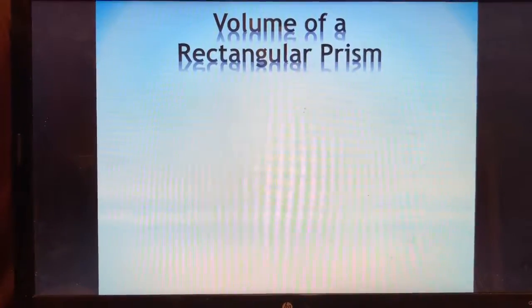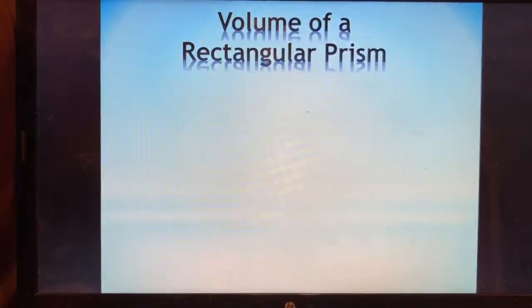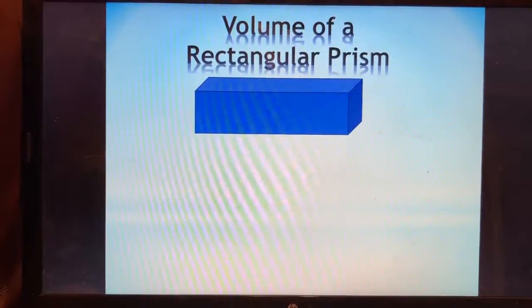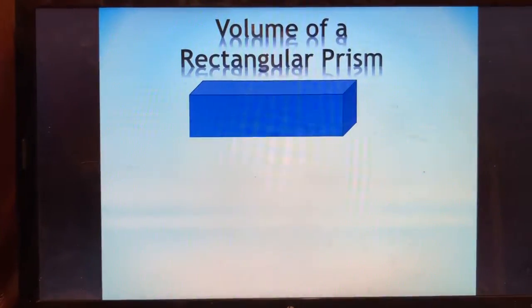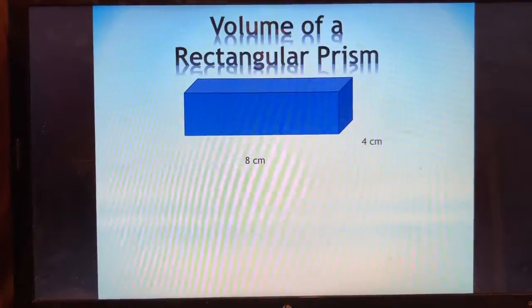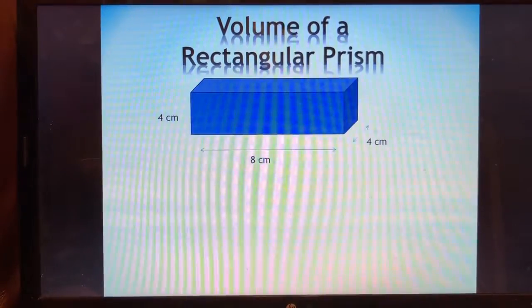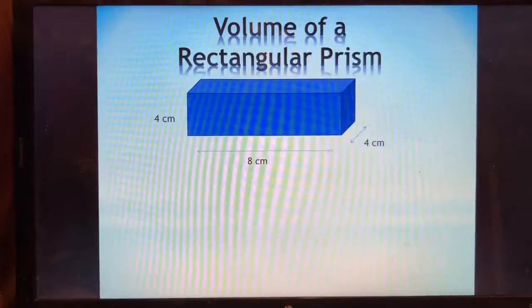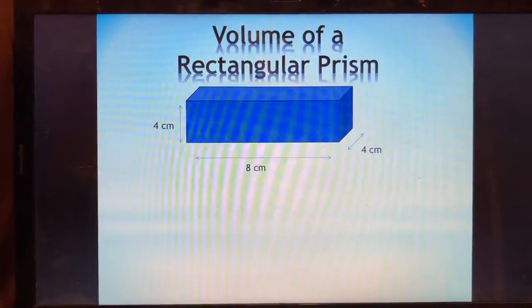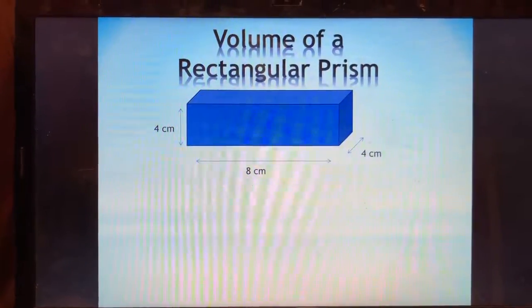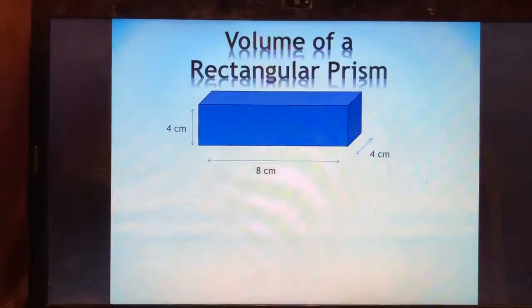Okay, the volume of a rectangular prism. Let's look at an example here. So if we have this rectangular prism and the length is 8 centimeters, the width is 4 centimeters, and the height is 4 centimeters. So how can we set that up?